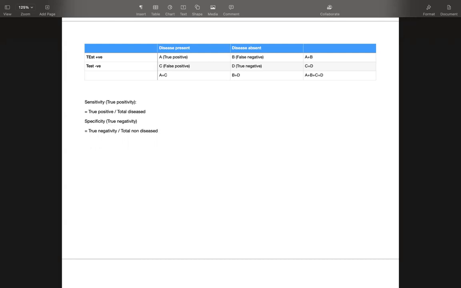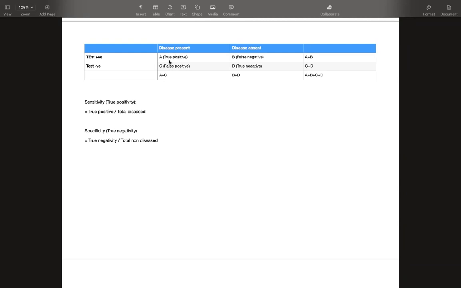If we talk about sensitivity, we can test the sensitivity of a test by its true positivity. Out of the total diseased persons, how many is the test truly detecting, those who have the disease? Sensitivity is basically a ratio of true positive divided by total diseased.